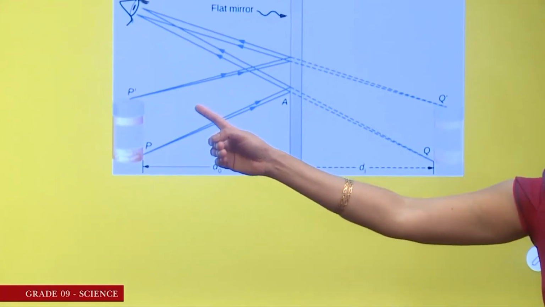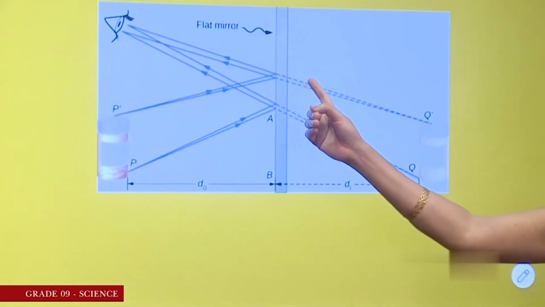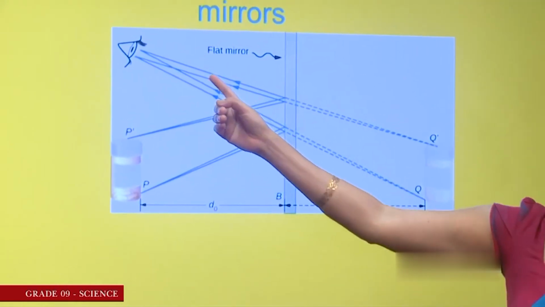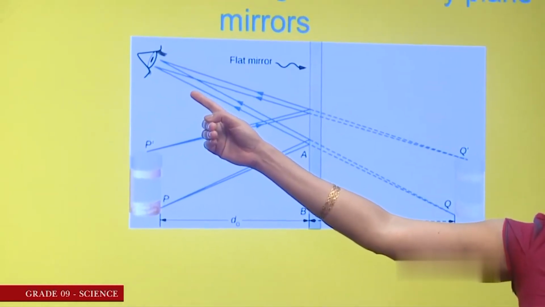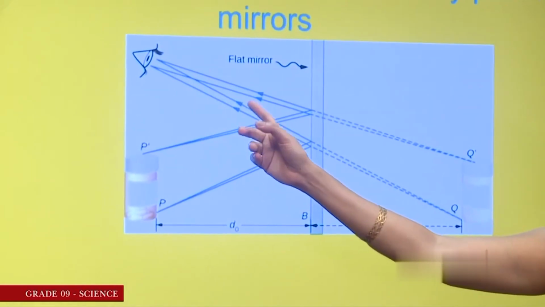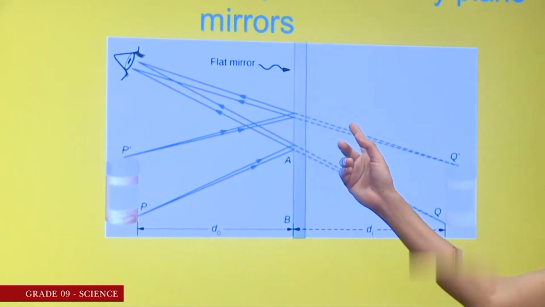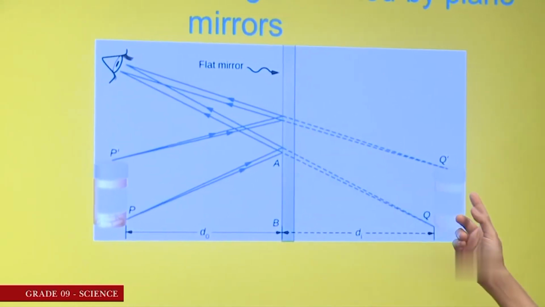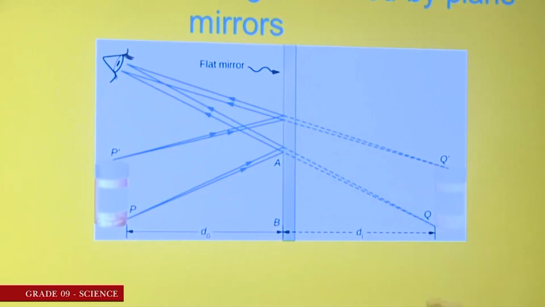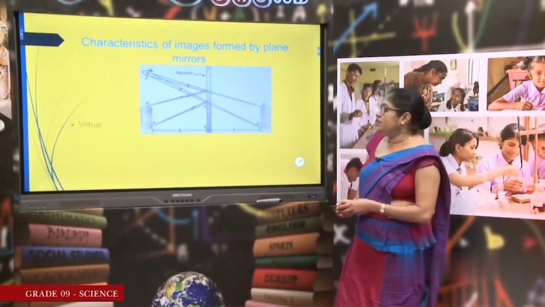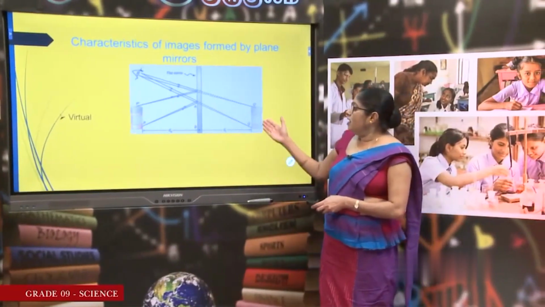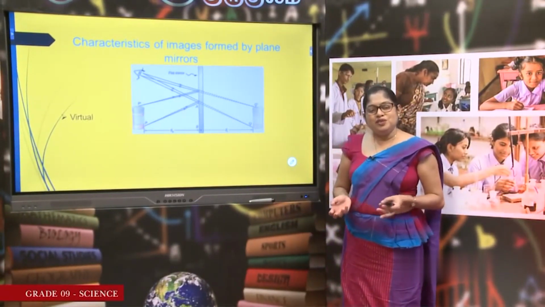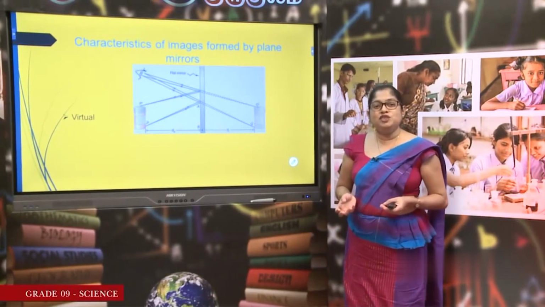So, the light rays that are coming from the object striking on the plane mirror are reflected and reach the eye of the observer. So, if you extend these light rays reflected from the mirror, you can get the image here. It is obvious that this image is virtual. What is meant by virtual? Virtual is you can't get it onto a screen.